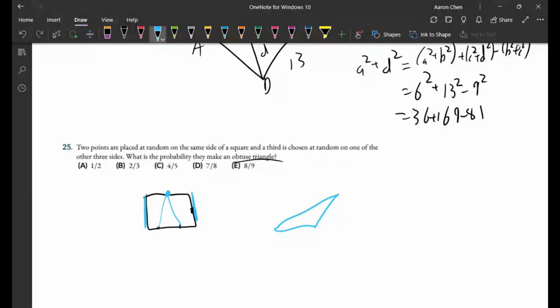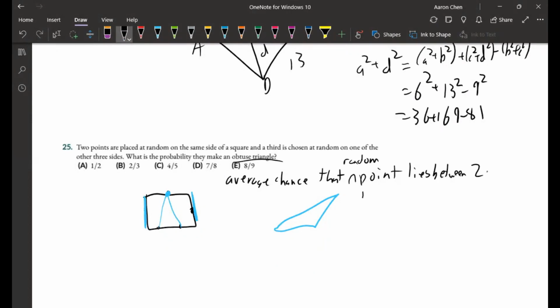And so basically, we want to find the average chance that a random point lies between 2 random points on a line.